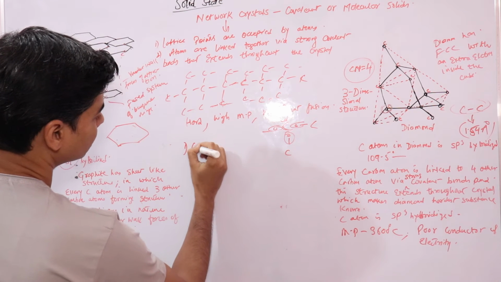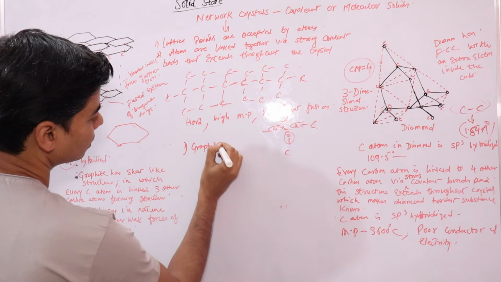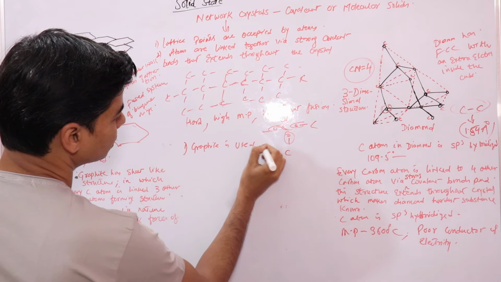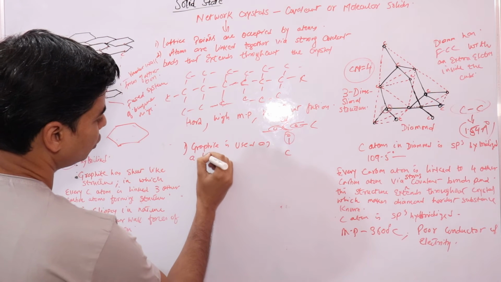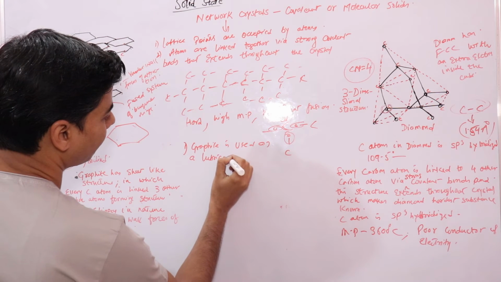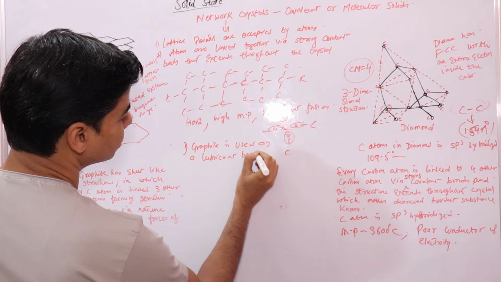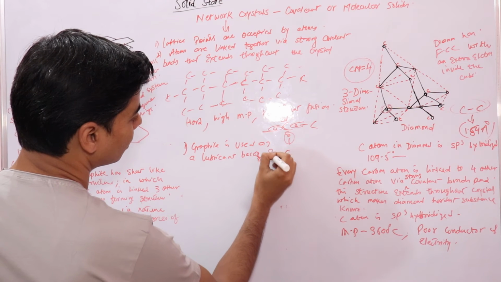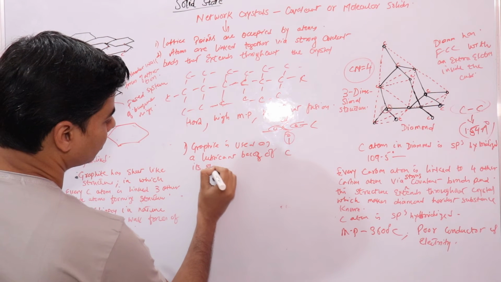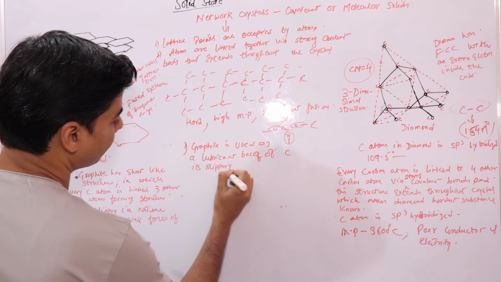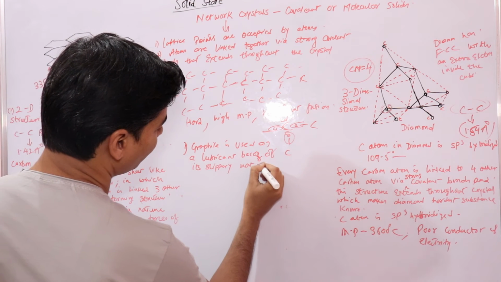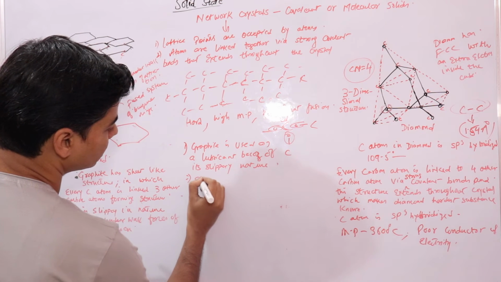So first, graphite is used as a lubricant because of its slippery nature. And why is it slippery?